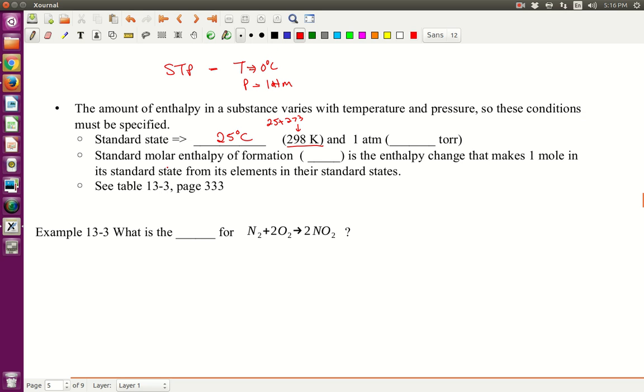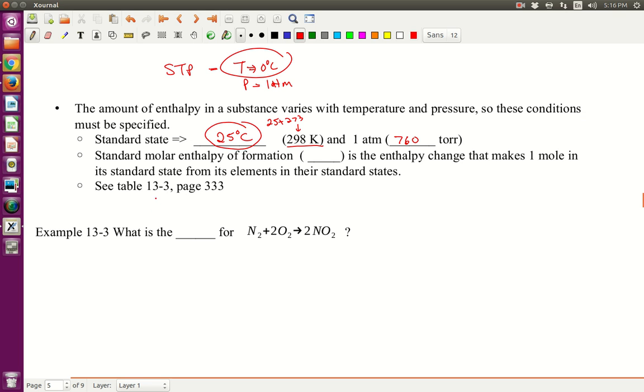Well, standard state, you don't really walk around in the lab at 0 degrees Celsius doing your stuff. So the standard state is pretty much room temperature, the temperature you'd be working in. So standard state is 25 degrees Celsius, and standard state is also 1 atmosphere, which is 760 torr. So standard temperature is 0 degrees Celsius. Standard state is 25 degrees Celsius.